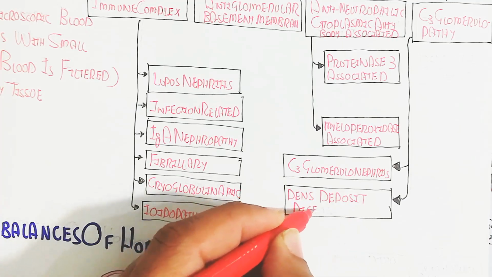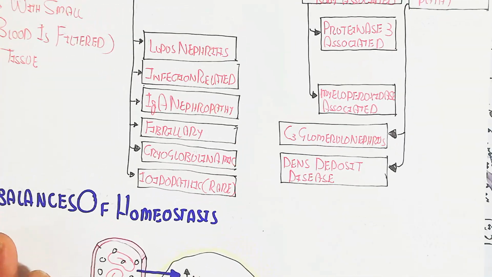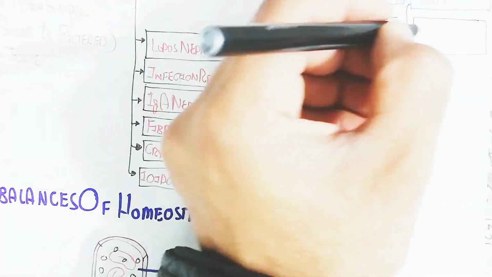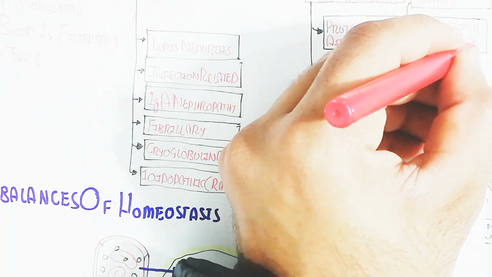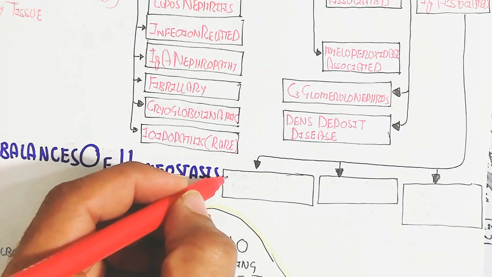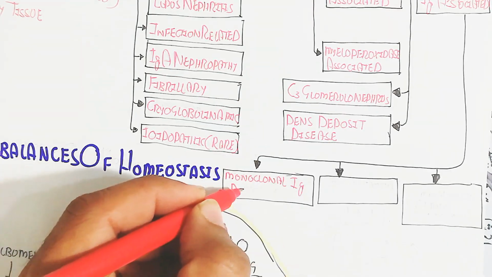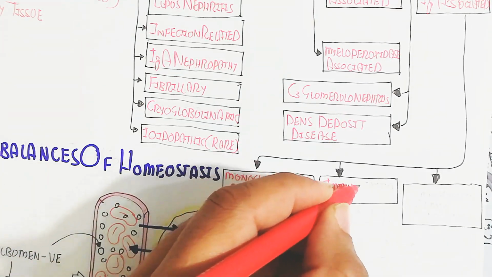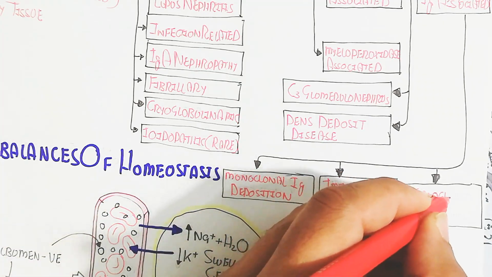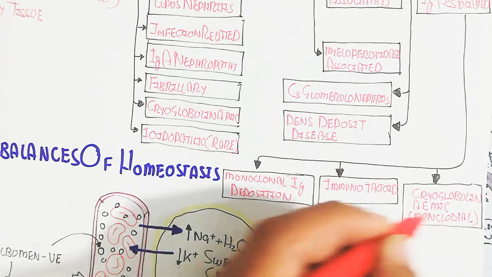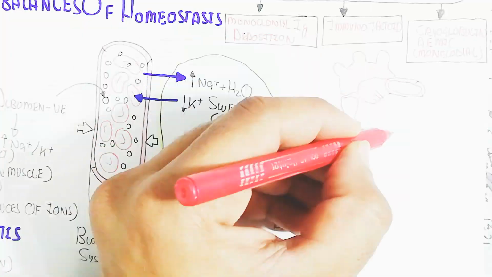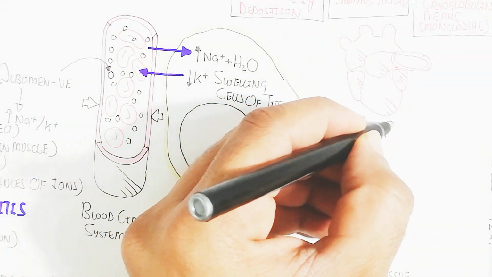C3 glomerulopathy includes C3 glomerulonephritis and dense deposit disease, while the monoclonal Ig associated type includes monoclonal Ig deposition, immunotactoid, and cryoglobulinemic monoclonal. Autoimmune disorder is also involved.